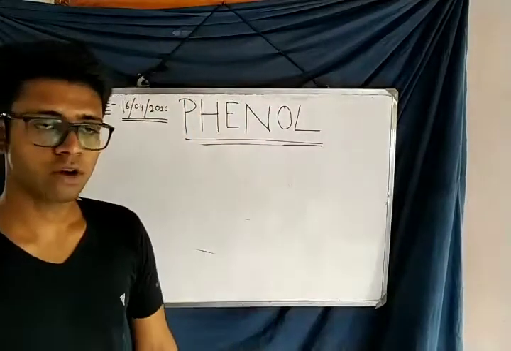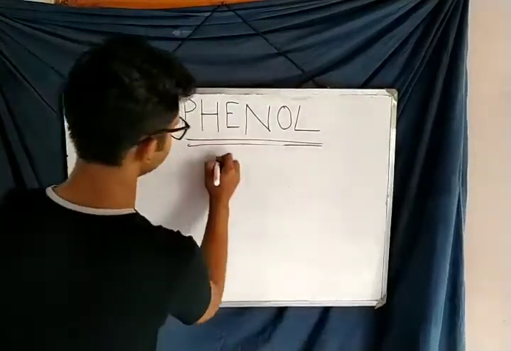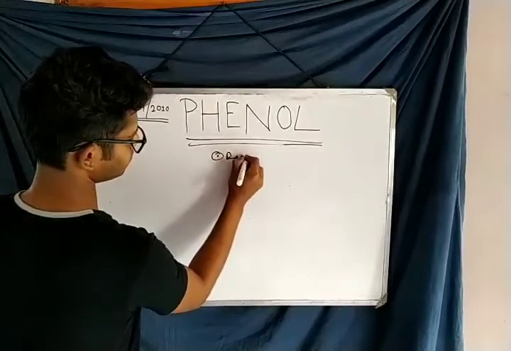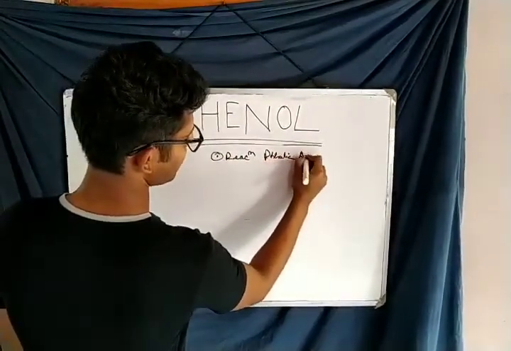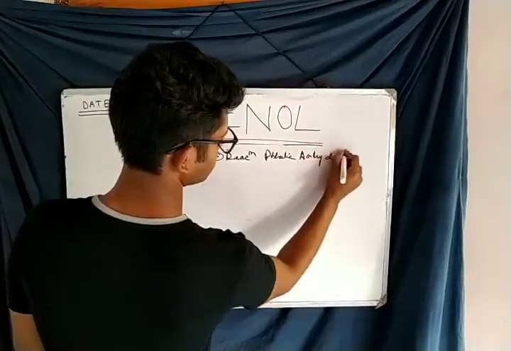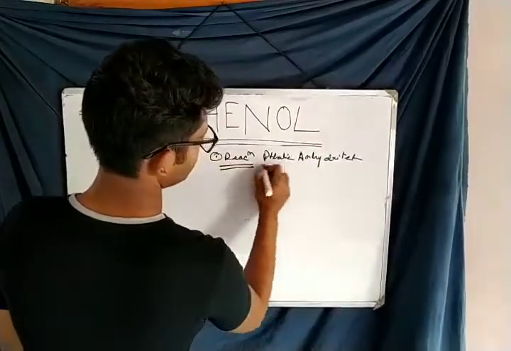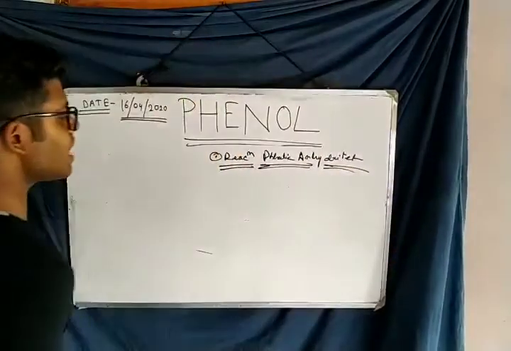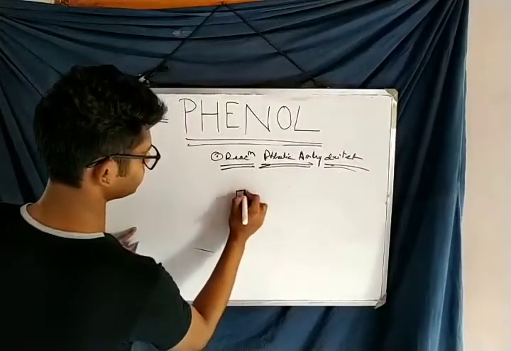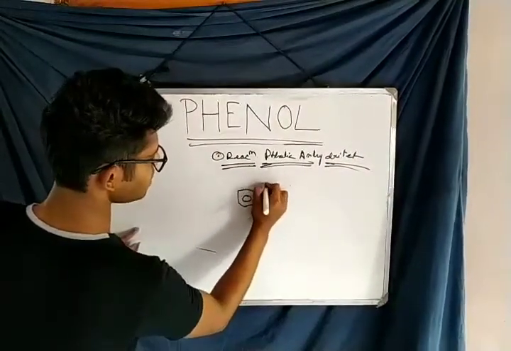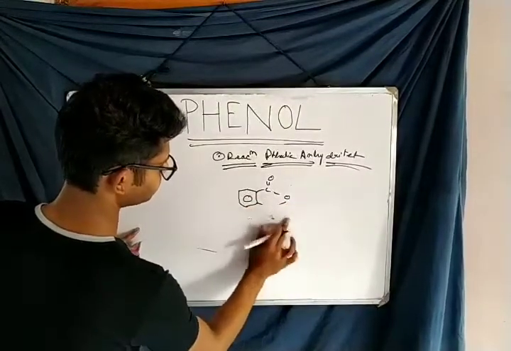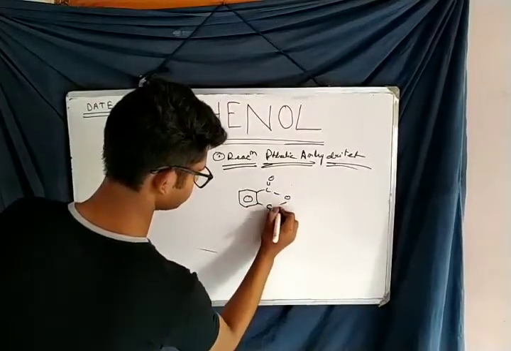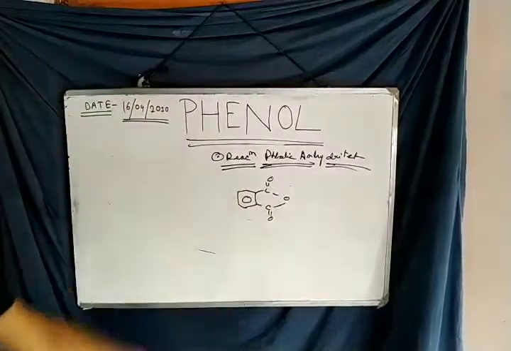It is a very important compound. The structure of phthalic anhydride is like this: C double bond O, O, C double bond O. This is the structure of phthalic anhydride.